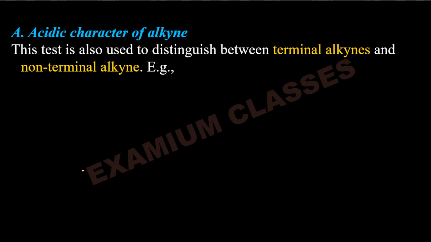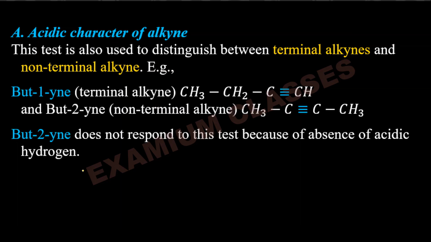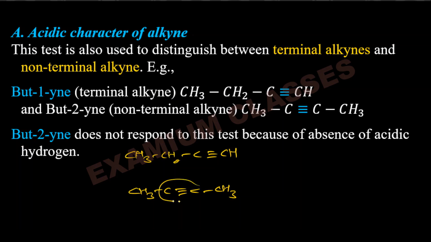So for example, 1-butyne and 2-butyne. 1-Butyne will be CH3CH2C triple bond CH, and 2-butyne will be CH3C triple bond CCH3. Here hydrogen can be replaced because the hydrogen is at the terminal. The triply bonded carbon has hydrogen. Here no triply bonded carbon has hydrogen, so the reaction will not be shown.